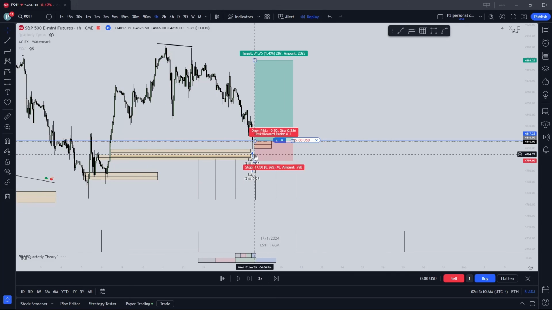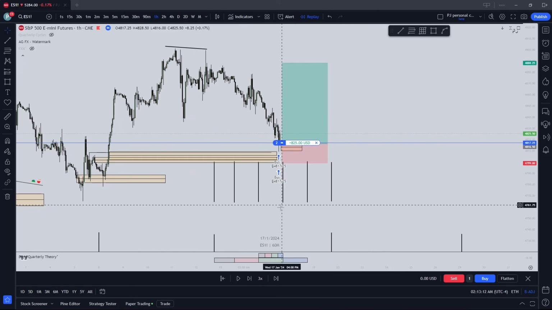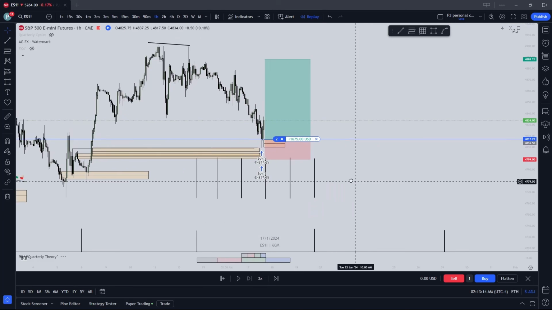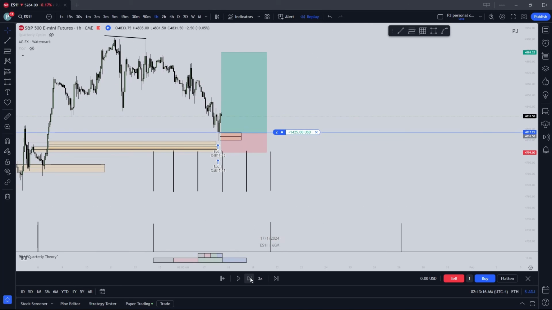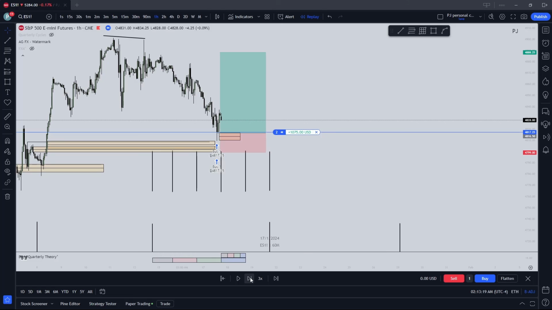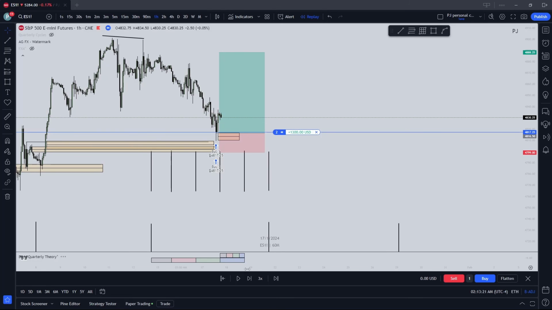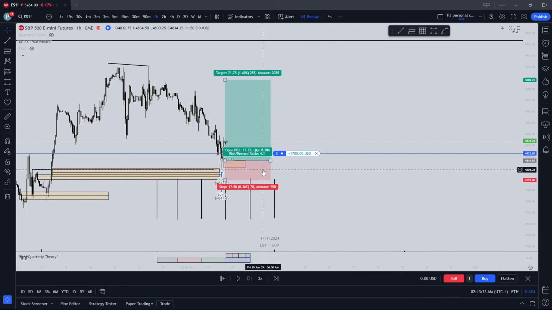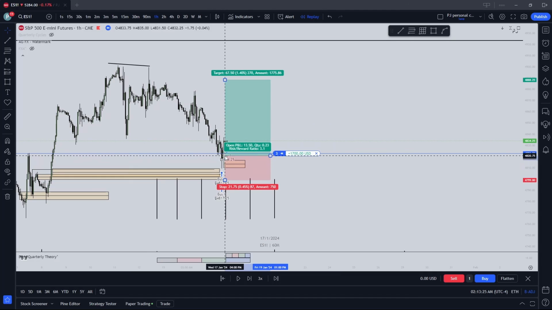But next candle, bam, open low, high close, open low, high close, and add one there.